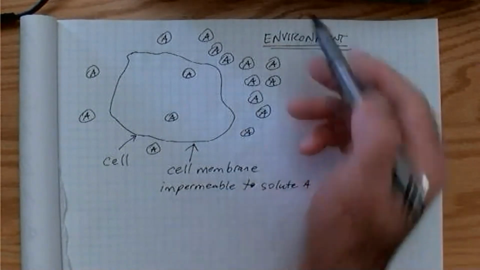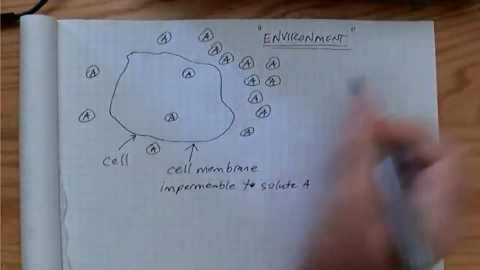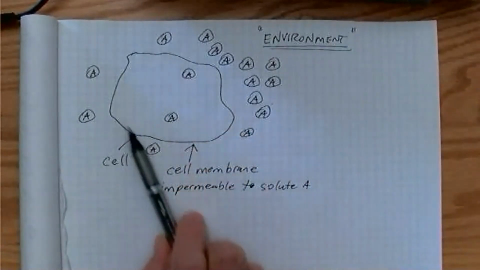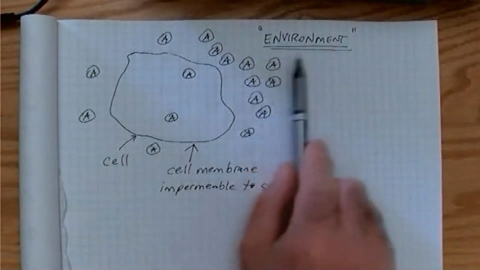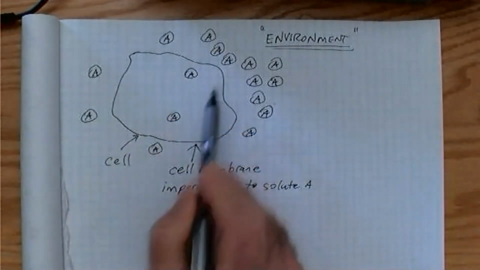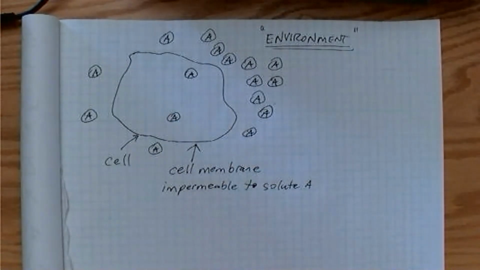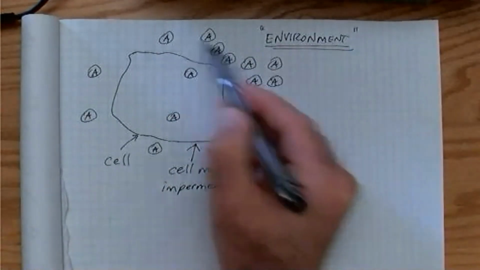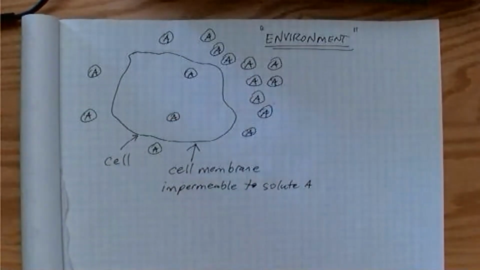Environment doesn't necessarily mean a pond. Now, it could be a pond. Let's say this was a unicellular organism and its environment is pond water. That could be true. But it could also be individual cells inside of a multicellular organism. So we're going to use environment to mean whatever the outside or the exterior part is surrounding a cell or a group of cells.